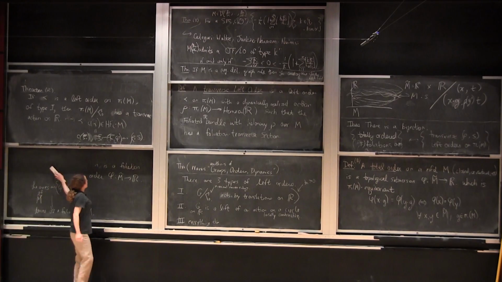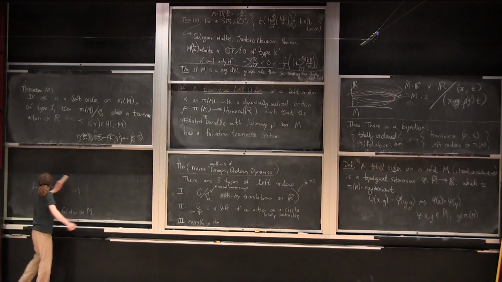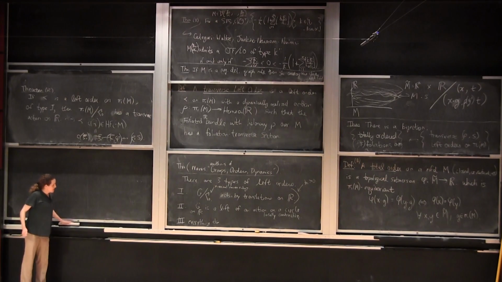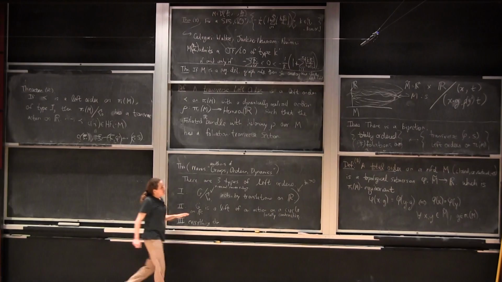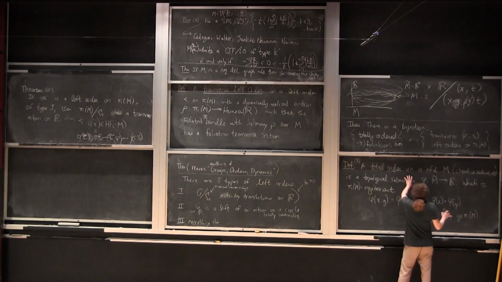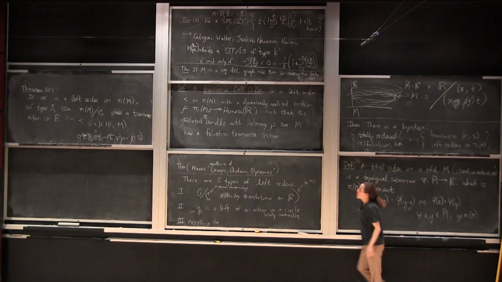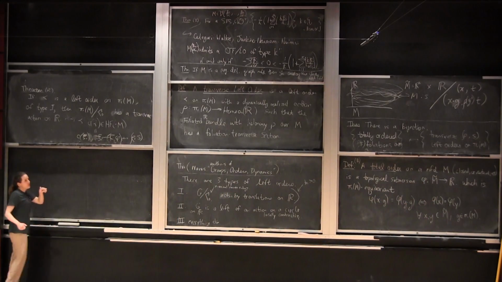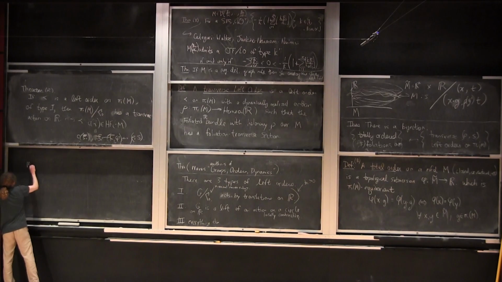So let me just write down the conjecture. To make the conjecture well understood, I have to say what I mean by a more general version of this. This is what happens when you have a transverse order. So let me say, remark.